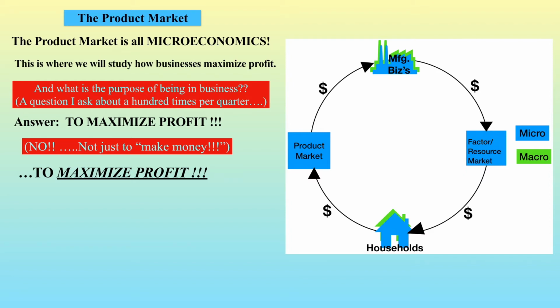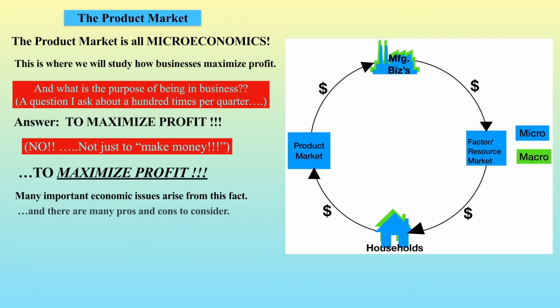The purpose of being in business is to make as much money as is possible with the options available to your particular model. And many important economic issues arise from this fact. There are many pros and cons to consider.